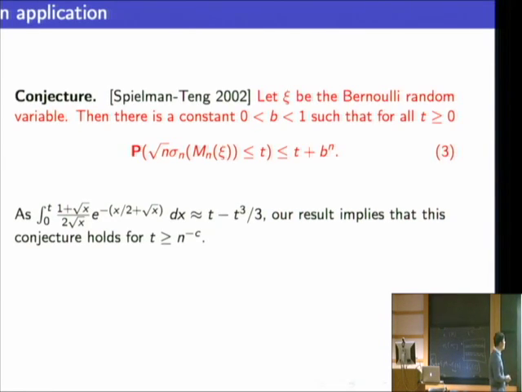Now, the result I prove is that you take Cn, and I take s to be, say, n to the 1 over 100. Then actually the limiting distribution of Cn will be the limiting distribution of Cs, but with Gaussian entries.